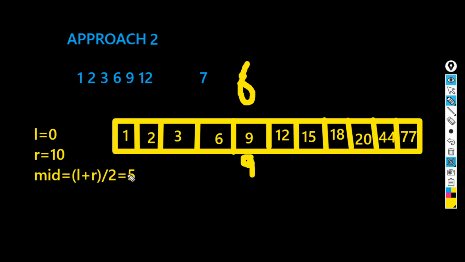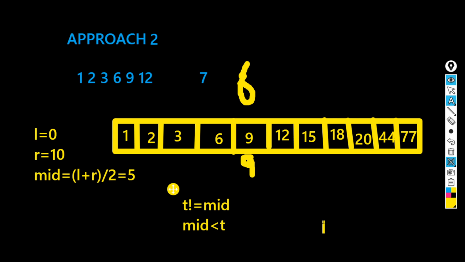Now first of all we will check if mid is equal to the target value, then we will return it. If it is not, then we will check if mid is less than the target. Suppose, in the first example, the mid value is less than the target value.